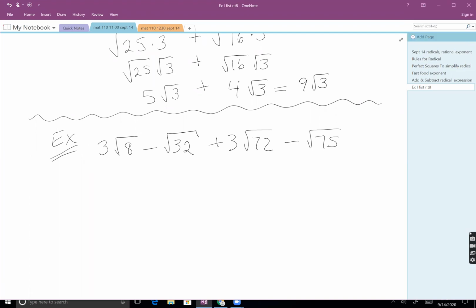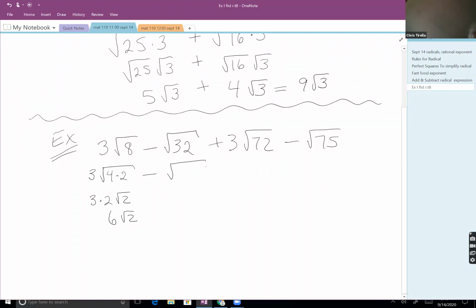No, you can't. But we can simplify. So let's see, what should we do with that square root of 8? What goes into 8 evenly? 4. And so that gives me 3 times 2 times radical 2, or 6 radical 2.